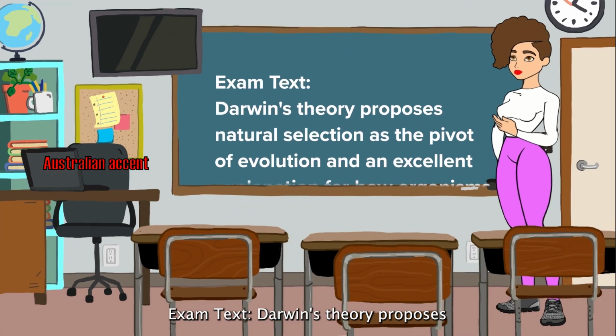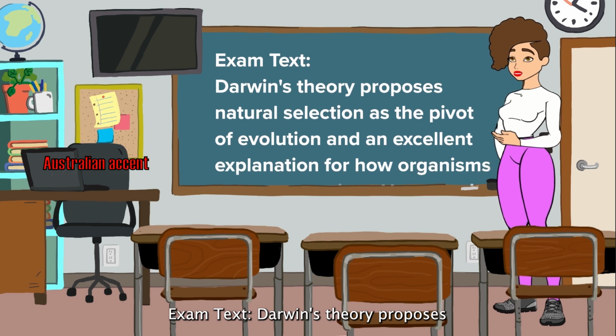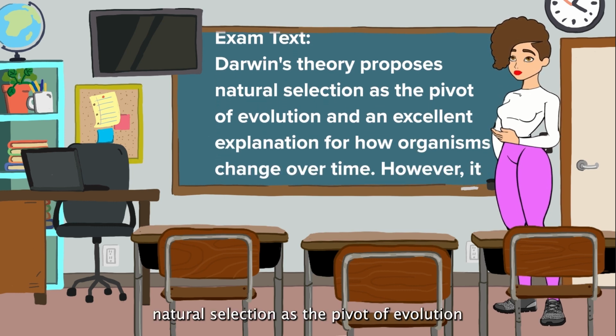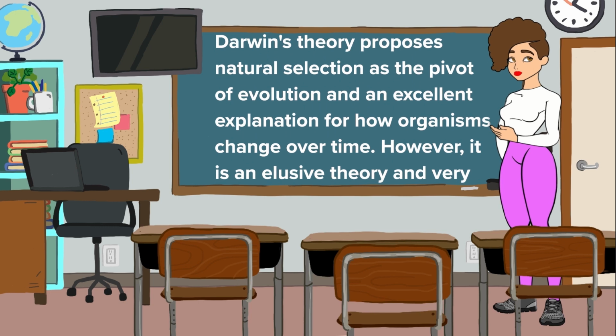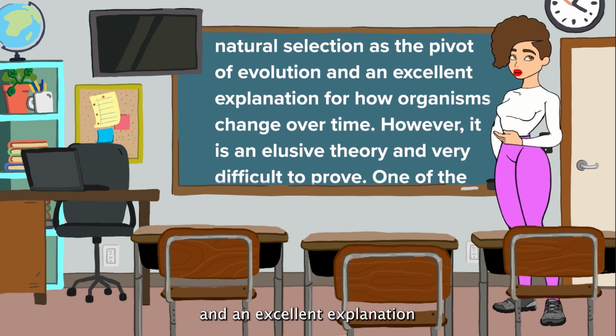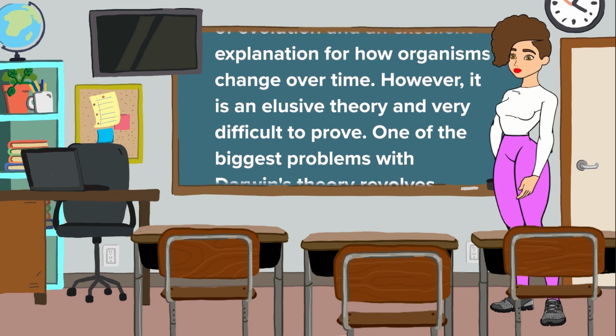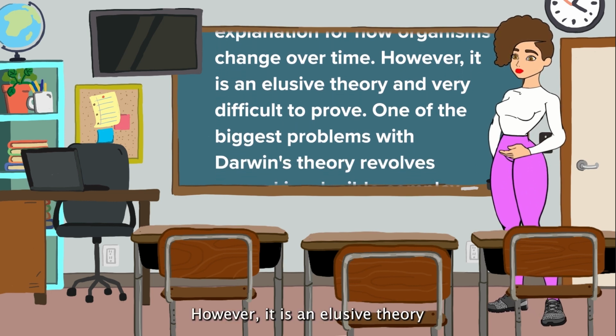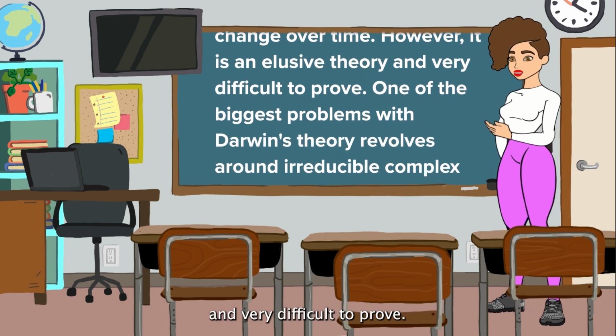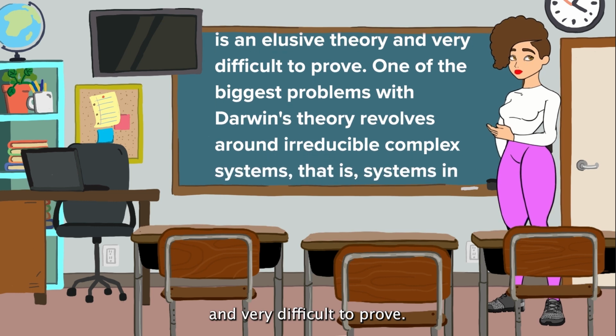Exam text. Darwin's theory proposes natural selection as the pivot of evolution and an excellent explanation for how organisms change over time. However, it is an elusive theory and very difficult to prove.